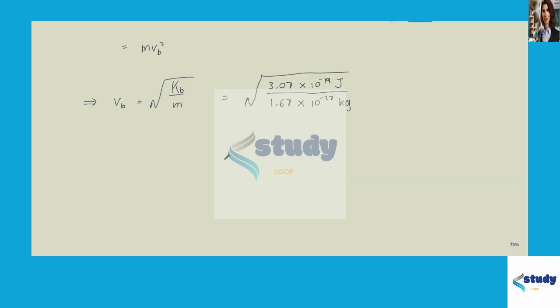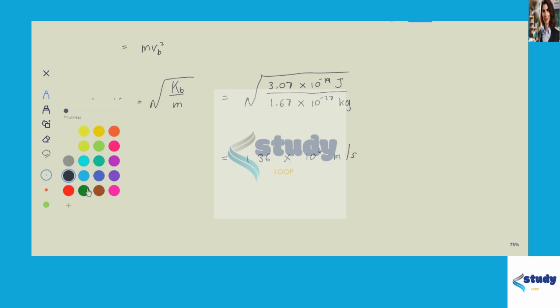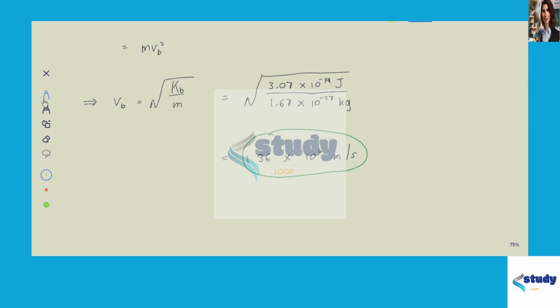And so calculating, we get the maximum speed that each proton will reach to be 1.36 times 10 to the 4 meters per second. And remember, this is the speed at their furthest distance apart at point B.